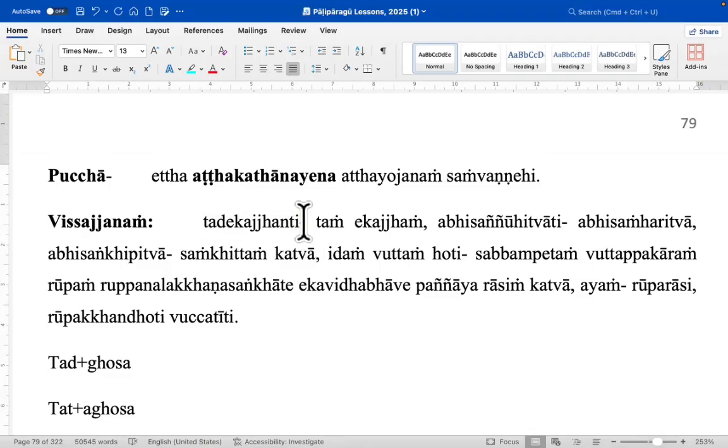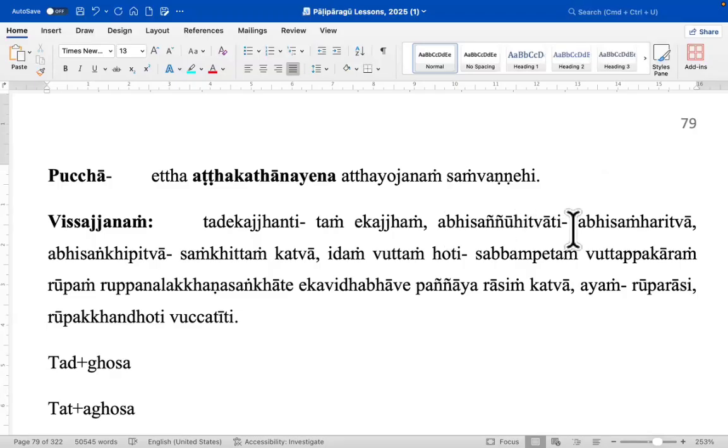If the meaning is not clear, not obvious, at that time we have to display more like that. So Tarika Janti Tam Ikajam. This is just splitting Tam and Ikajam. So this shows Da is Agama, just augmented. Tam Ikajam.